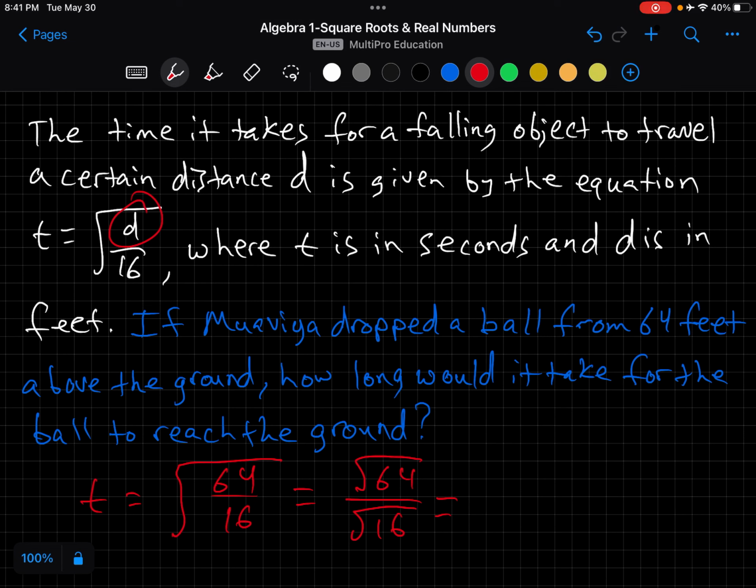All right, what times itself is 64? 8 times 8 is 64, so this will be 8. And then what times itself is 16? 4 times 4 is 16. So this will be 8 over 4, which is equal to 2 seconds. All right, so it takes 2 seconds for that ball to drop from 64 feet down to the ground. 2 seconds. It's not long at all.